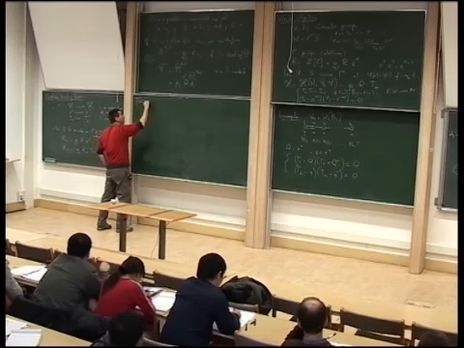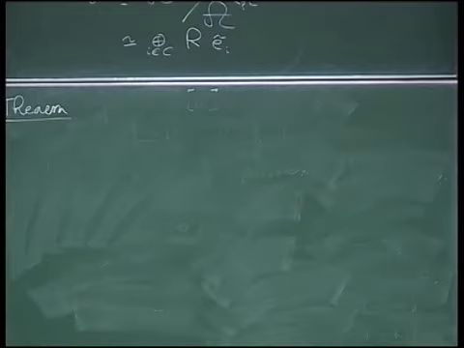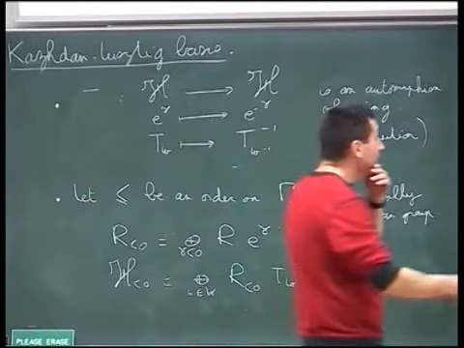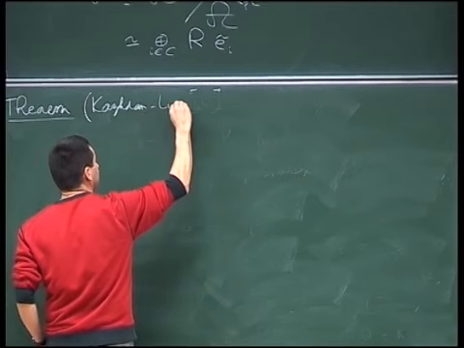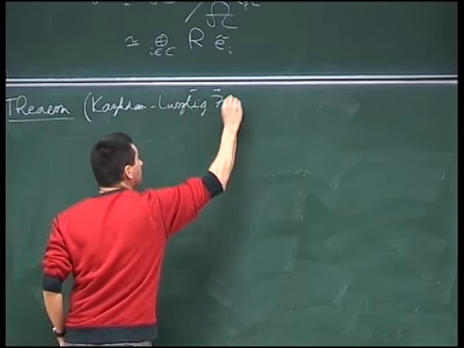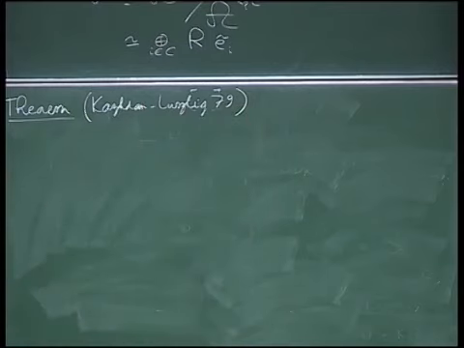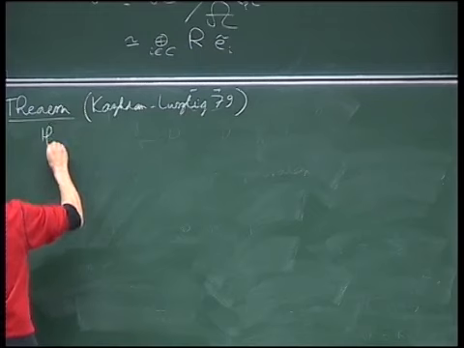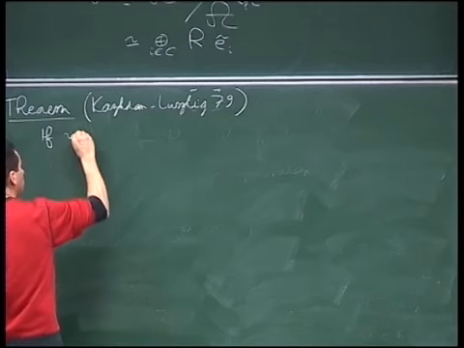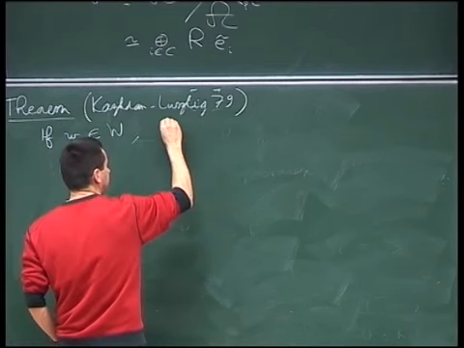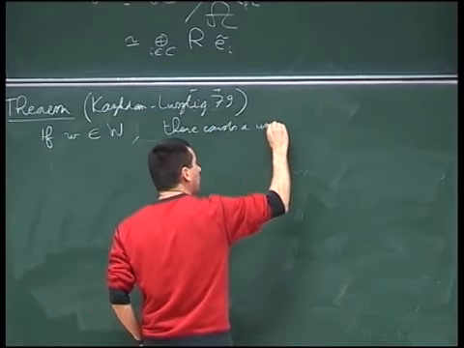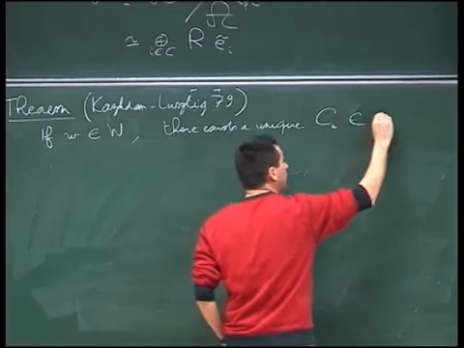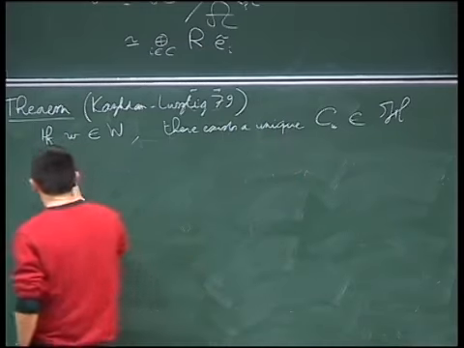Once we have fixed this order on gamma, then there is a theorem by Kazhdan and Lusztig. It's not a difficult theorem. That tells you that you can construct some particular basis of H. So if W is in W, there exists a unique CW in H satisfying the following two properties.